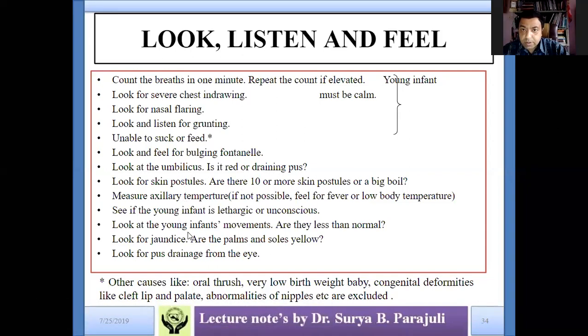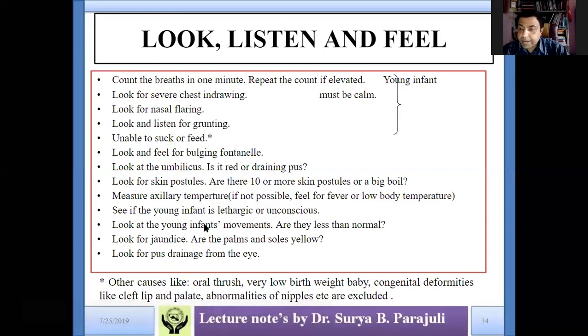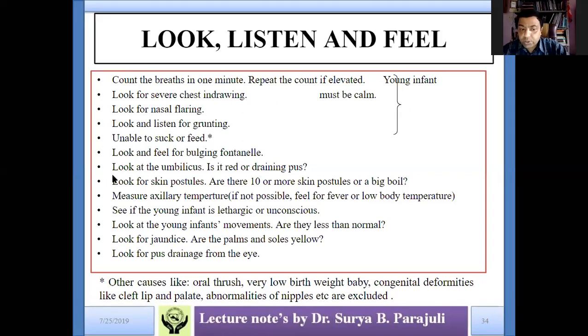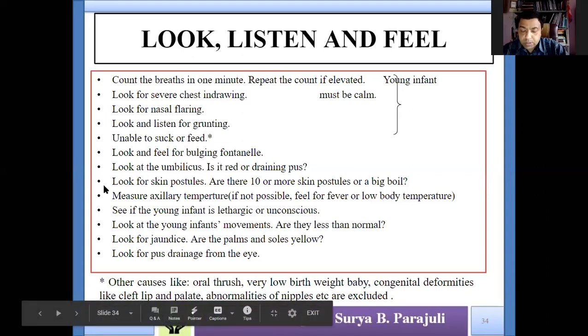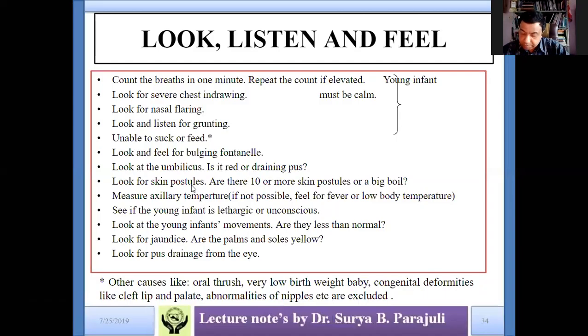And finally, look for pus draining from the eye. Look, listen, and feel. So under this heading, you need to look, listen, and feel for these parameters.